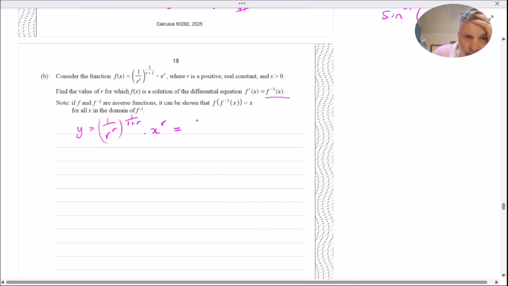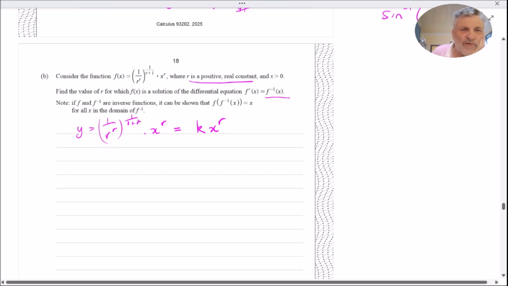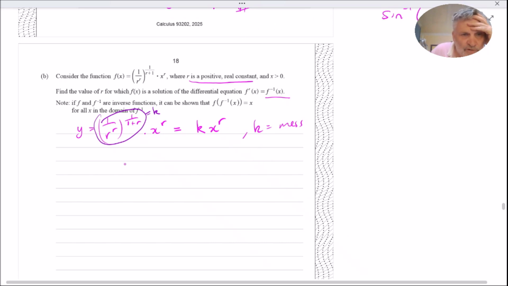I think it's a good idea to rewrite this equation as just k x to the power of r. It tells us r is a positive real constant, so all of this mess here is just going to be some other constant, k equal to whatever the mess is. You can write it out if you want. All of this is k. It's going to make our algebra look easier.